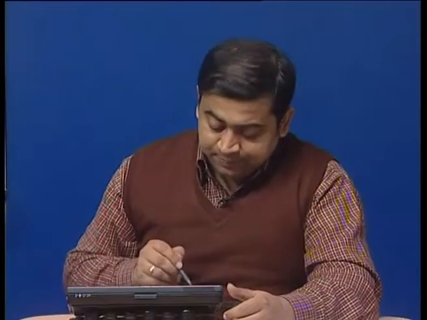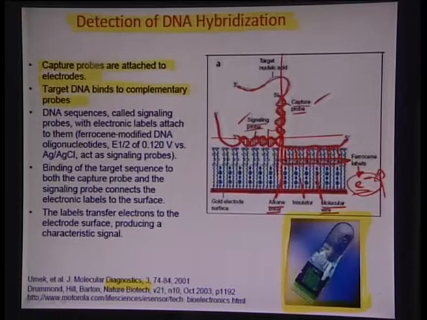Okay. So, essentially, in summary, there is a target DNA which binds to complementary probes. The capture probes are attached to the electrodes. DNA sequences called signaling probes have electronic labels attached to them. Okay. So, ferrocene modified DNA oligonucleotides, E1/2 or E half, the EMF generated in this particular example is about 0.120 volts, and this ferrocene modified DNA acts as a signaling molecule by emitting an electron.